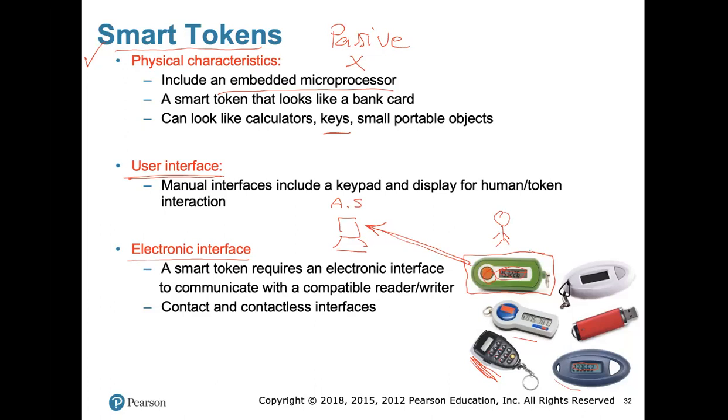That will be sent to the authentication server, and the authentication server authenticates this device, and through the device, the user which is associated with the device. These are the major properties of smart tokens. They have some type of embedded processors or embedded computers on them. They have some type of user interface, and they should have some type of electronic interface.